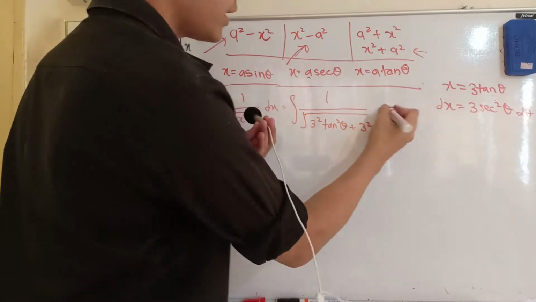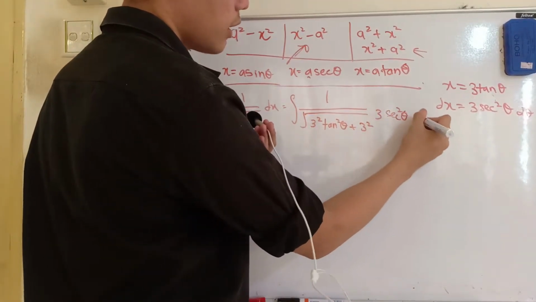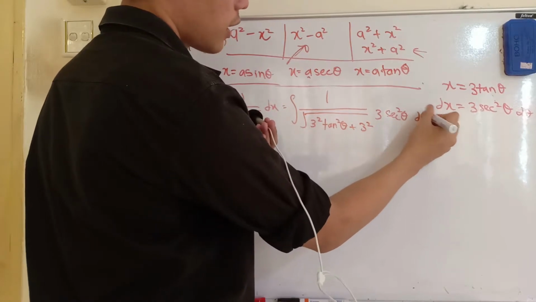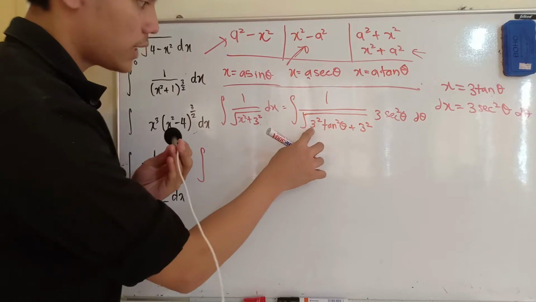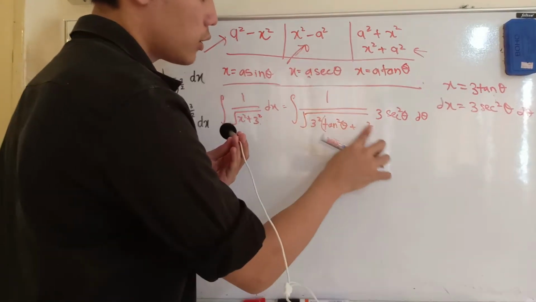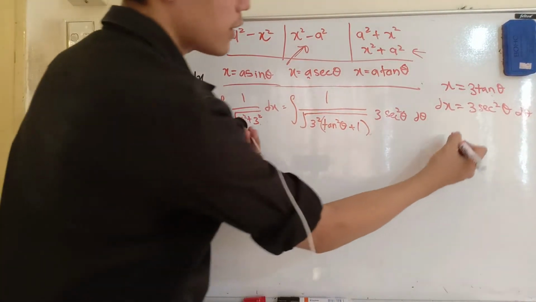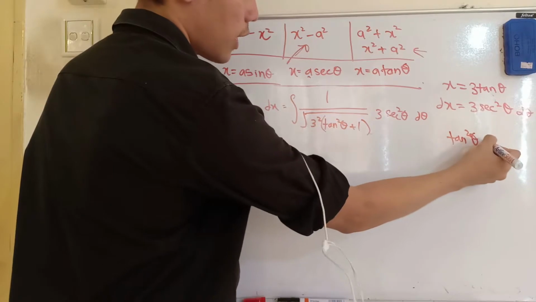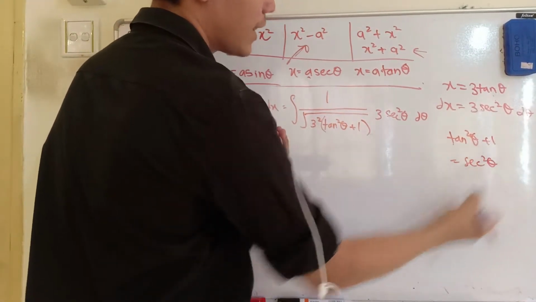My ds right now is going to be 3 secant squared theta d theta. From here I can just factorize the 3 squared, so you're going to be left with 1. You know that tangent squared theta plus 1 is actually secant squared theta.